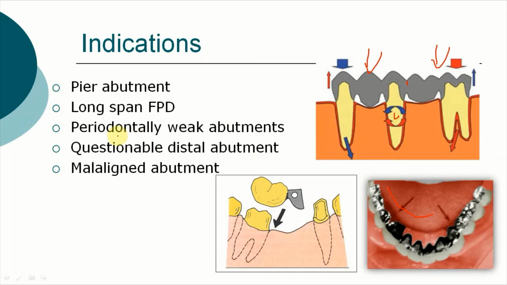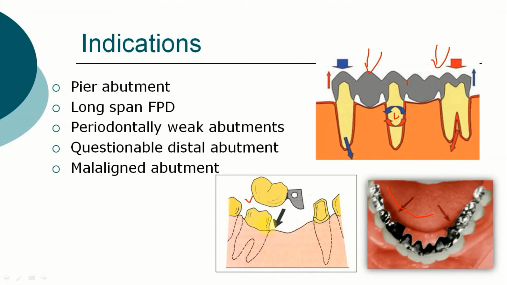Then in periodontally weak abutments, if any of the abutments is periodontally weak, it will be feasible to give a non-rigid connector, so that even if there is a break in between, the stress developed in the whole fixed partial denture can be relieved.